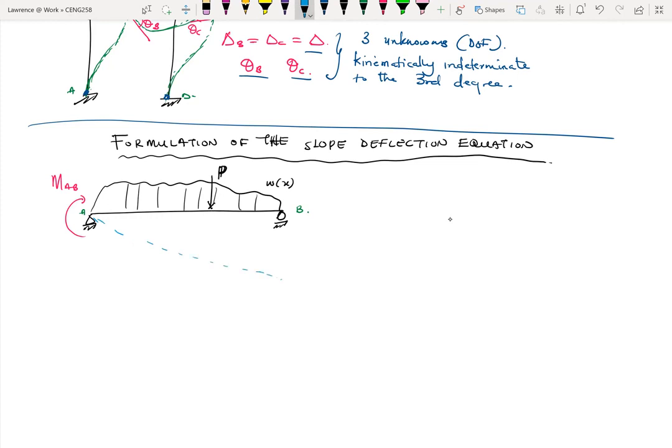So this point is, let's say, B prime, so that it undergoes some deflection delta.